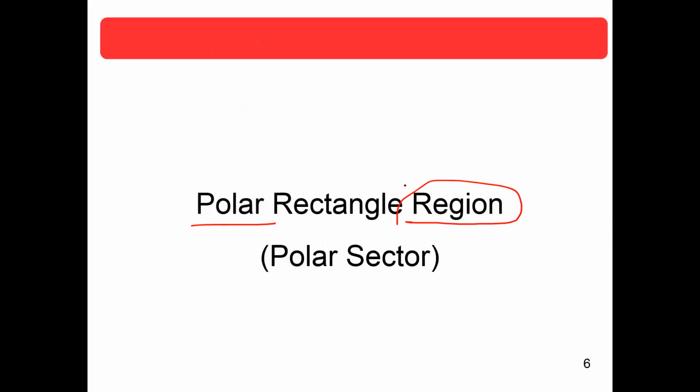This polar region can be simply classified as two types. One is called rectangular, one is non-rectangular, kind of similar to Cartesian: rectangular Cartesian region and non-rectangular Cartesian region. The polar rectangular region is also called a polar sector.